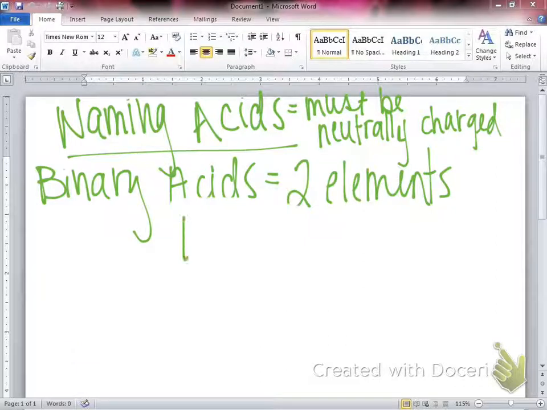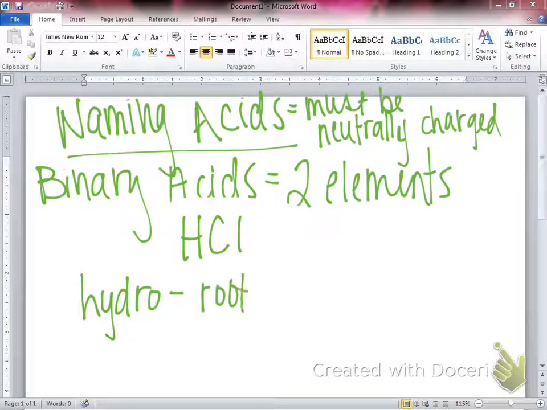Let's start with HCl. A binary acid always begins with the prefix hydro. Then we have the root of our second element here, and it always ends in ic, acid.